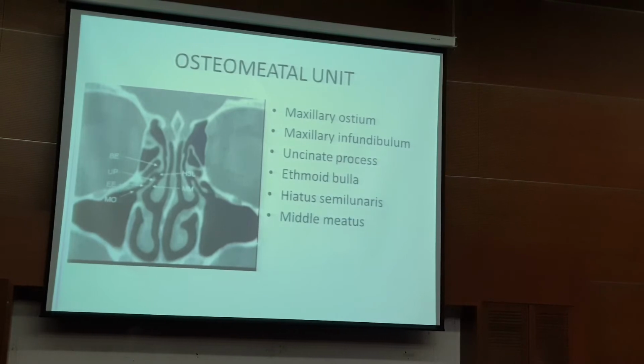The frontal sinus drains into the middle meatus and will converge via a structure within the osteomeatal complex here itself. So what does it consist of? This is the maxillary ostium, infundibulum, hiatus semilunaris, and the middle meatus. Okay.